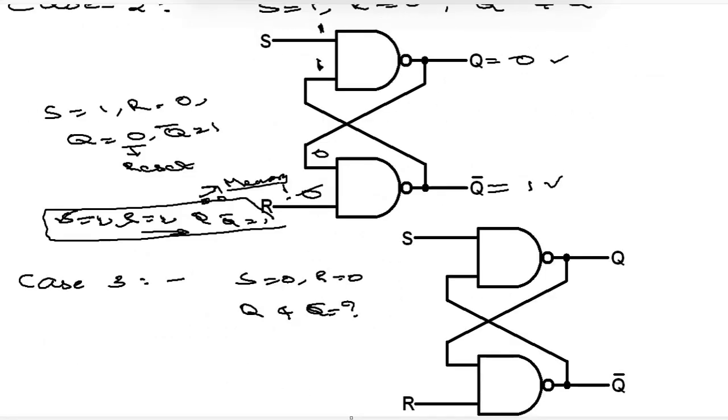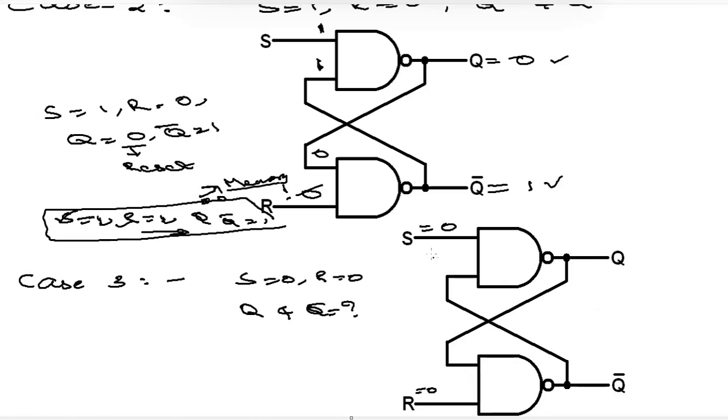Now coming to the third case. The last case is when S equal to 0, R equal to 0. We have to find out Q and Q bar values. In the coupled SR NAND latch, Q and Q bar are the complement variables.